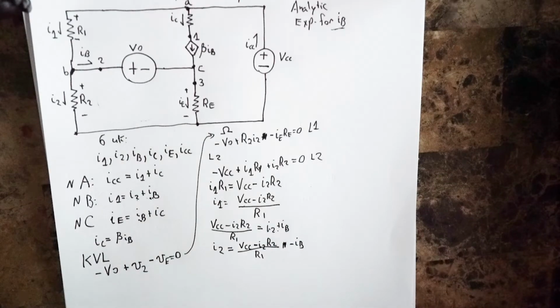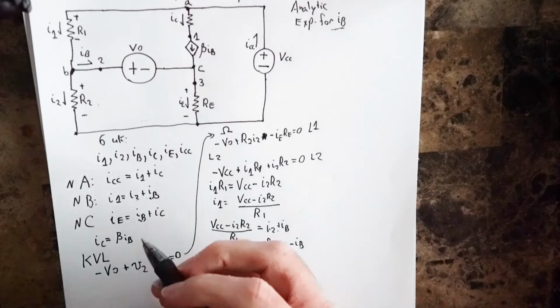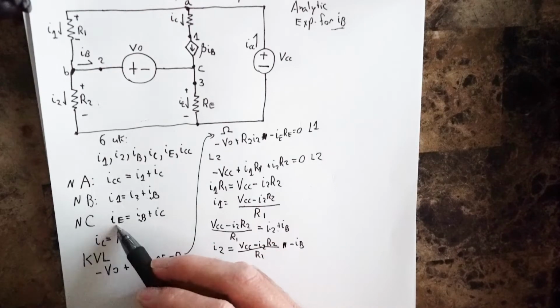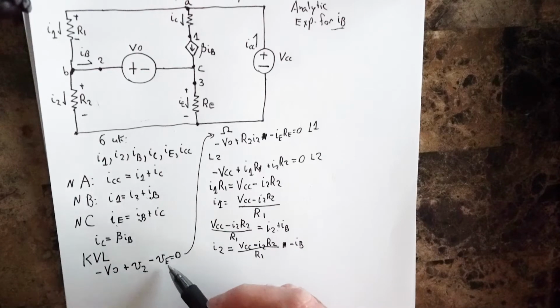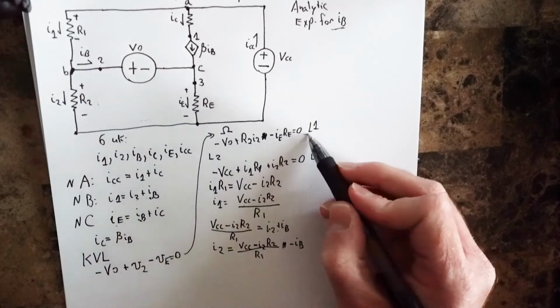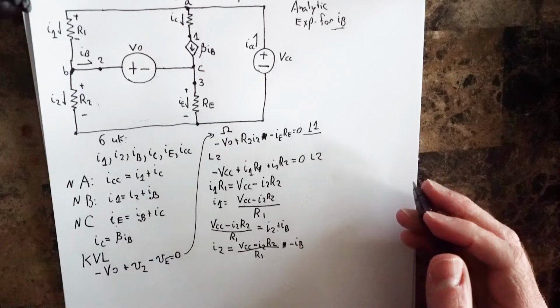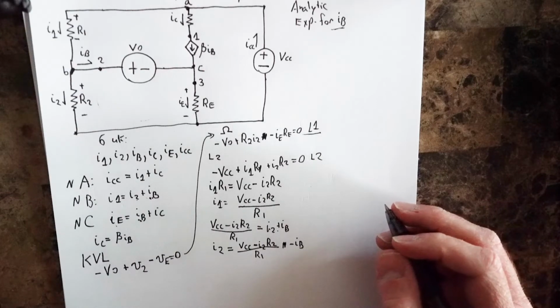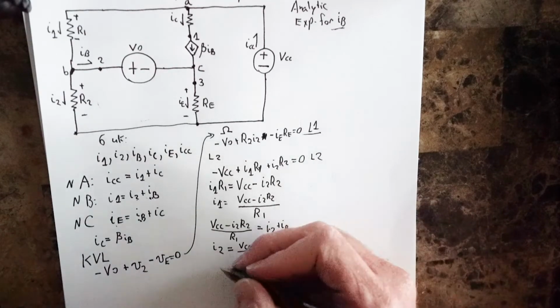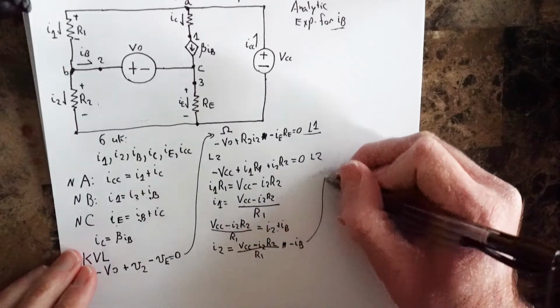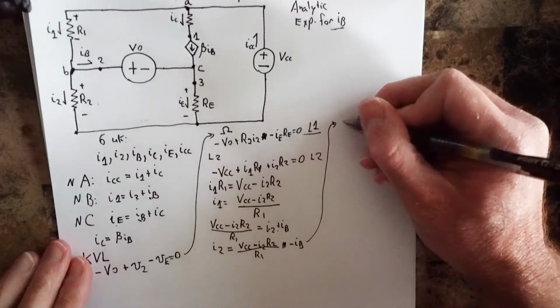Okay, there's a lot happening here. So now we need to be able to get IE, which we'll have to get from our loop 1 KVL. So let's go ahead and solve for IE. So I'll move that up here. Hopefully you can see this better.